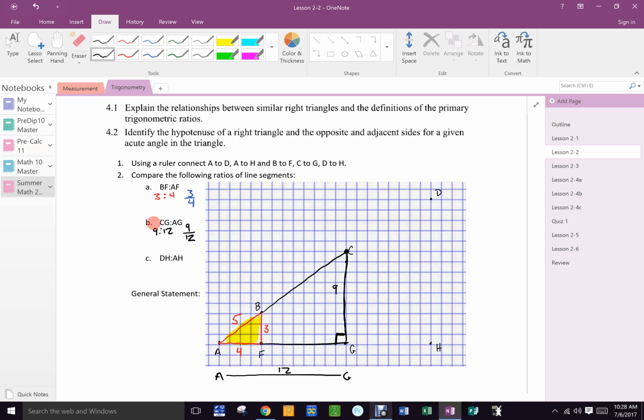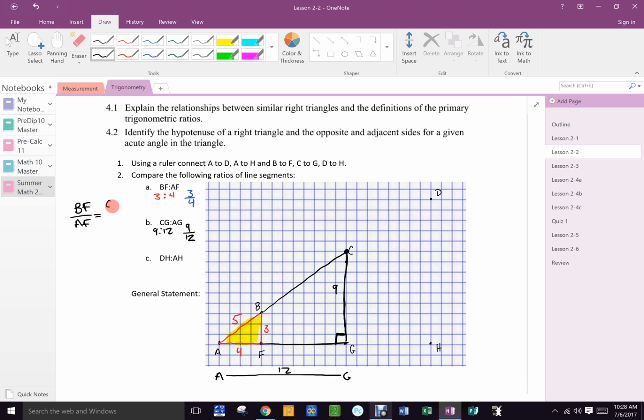She or he would have said reduce it, which isn't really what you're doing, but that's what you were told. So what does that tell you about these two ratios? They're the same. So BF over AF equals CG over AG, correct?